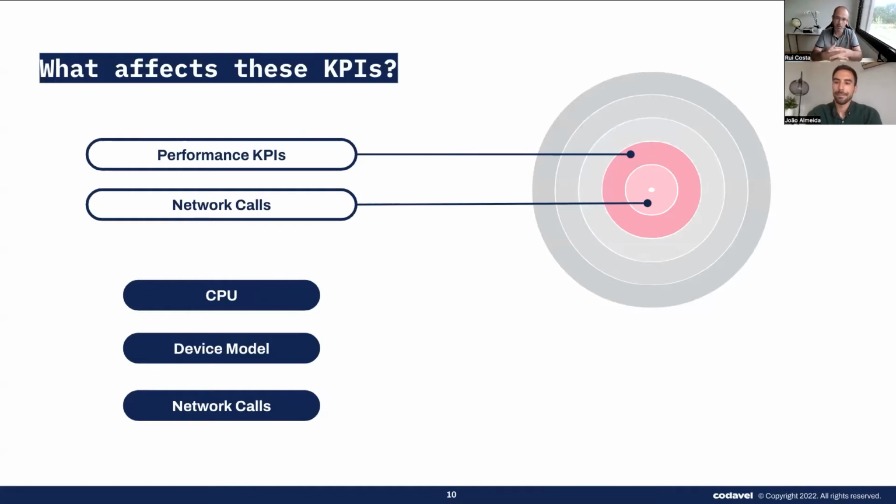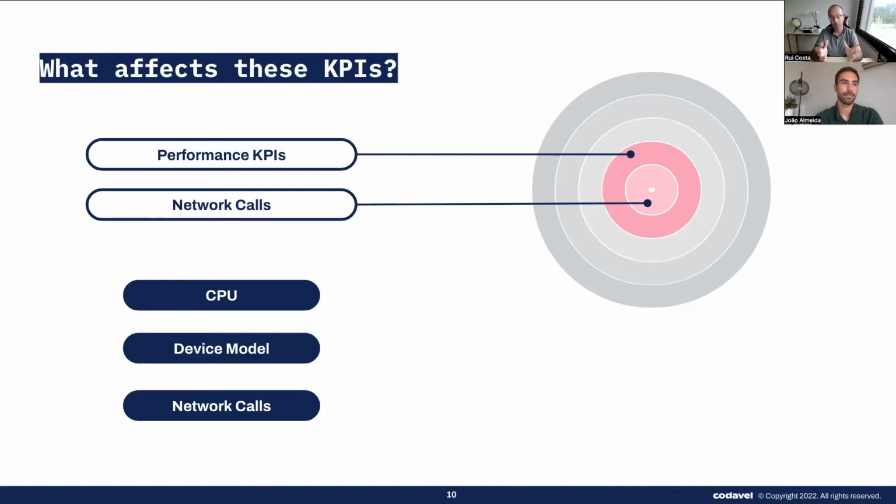All of these performance KPIs, as João mentioned, are highly related to things that you're trying to optimize for your business, like conversion rates, revenue, engagement, monetization through ads, for example. And so far, we have seen the outer layers of the app success onion.